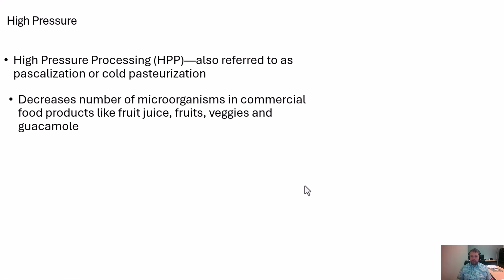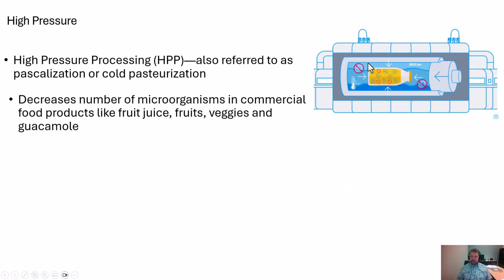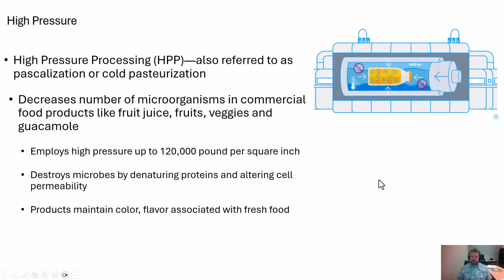So this is the nice thing about this process, is instead of using heat, you're using pressure. So the food will go into a pressure chamber, and the pressure will be increased, sometimes to around 120,000 pounds per square inch, depending on the microorganisms, also depending on the product that we're talking about.